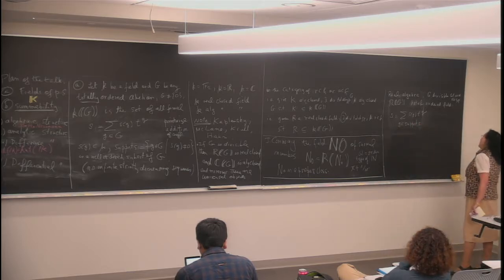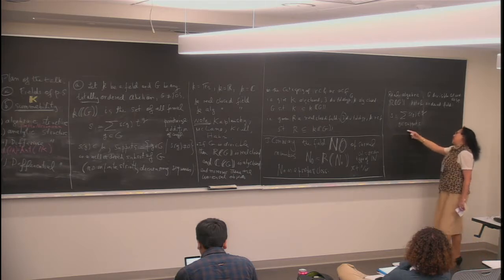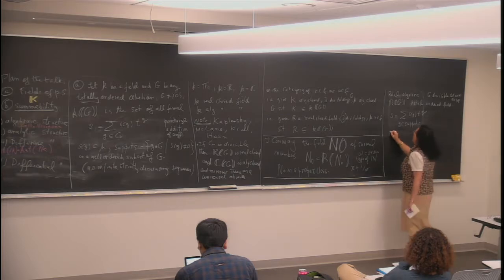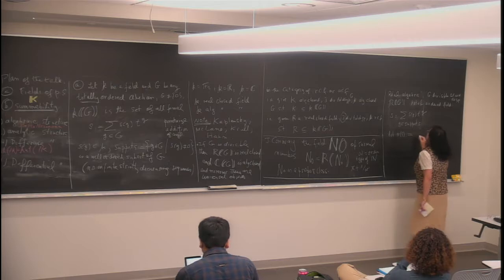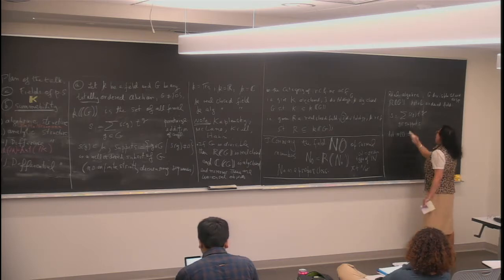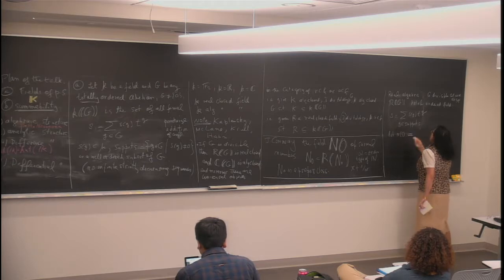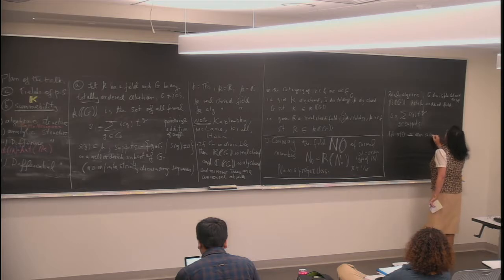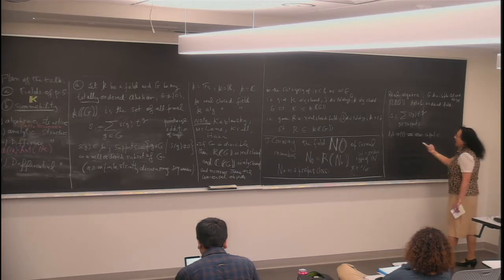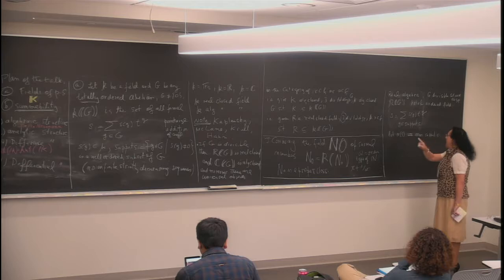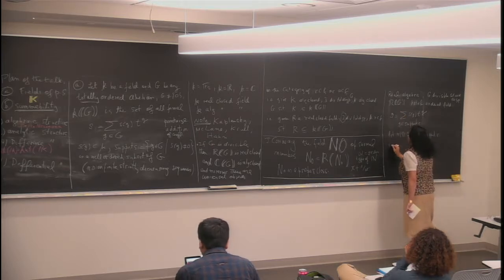I will give this first element a notation. I will call it v of S, because it's actually a valuation that I will need later on. So v of S, I define to be the smallest element of the support of S, and that's how I will determine the sign of a series S: it will be exactly the sign of the coefficient of S at its minimum of support.